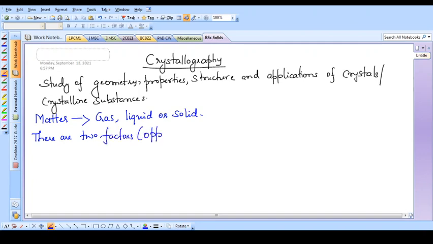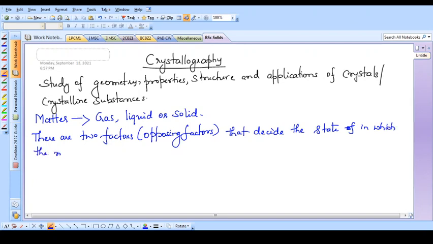Actually, these two factors are opposing factors. There are two factors that basically decide the state in which the matter exists.